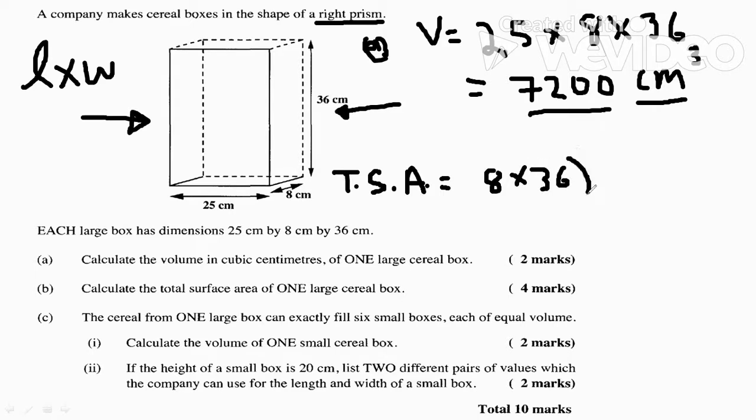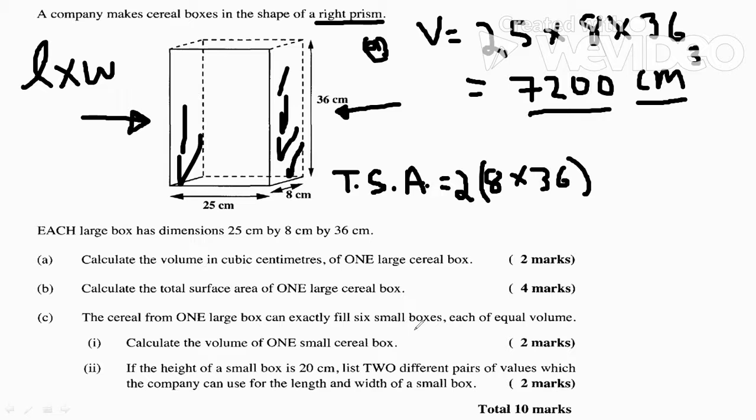All right, and I'm going to times it by 2. Why am I times it by 2? Because two of them are the same thing. So the 8 multiplied by 36 multiplied by 2 represents the area of the right side and the what? And the left side.